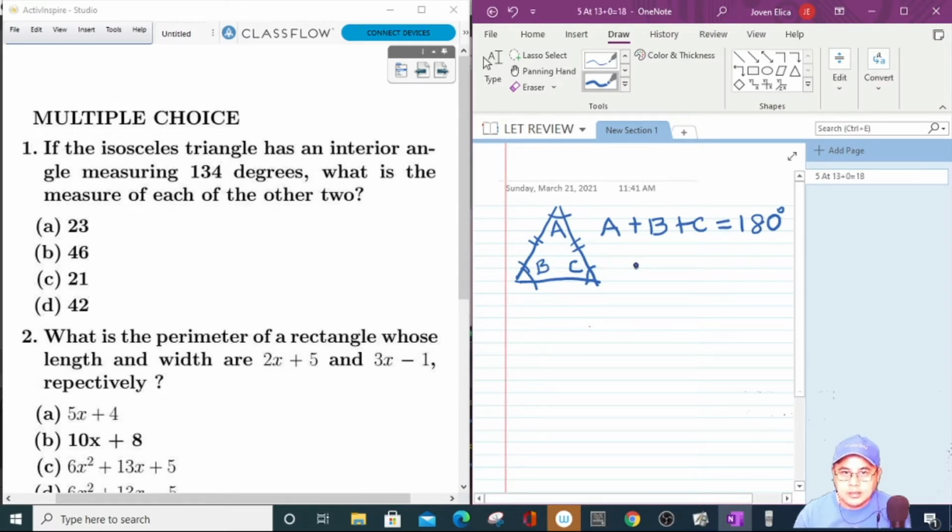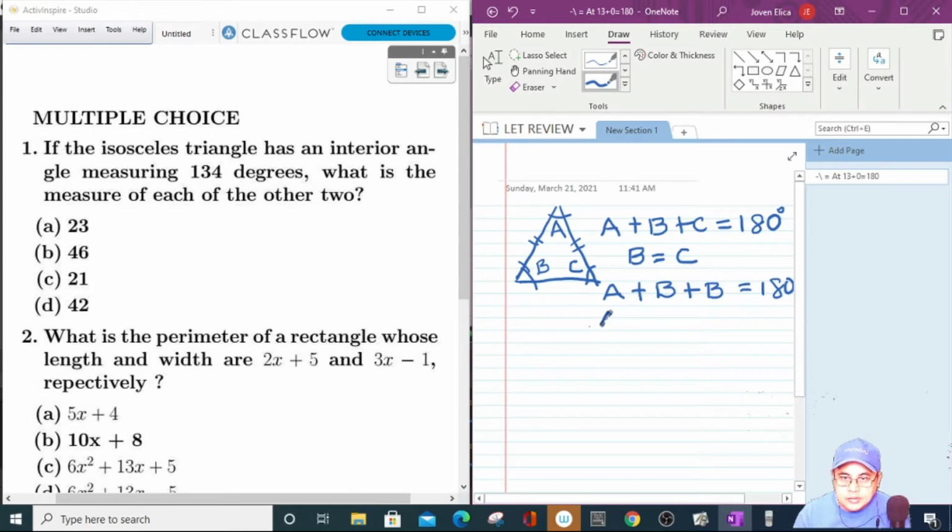Now, in this isosceles triangle, the angles B and C, since this is isosceles, these two angles are equal, so we can let B equal C. So if B is equal to C, then we can rewrite the equation of the triangle, A plus B, I will use B, which is equal to C, is equal to 180 degrees.